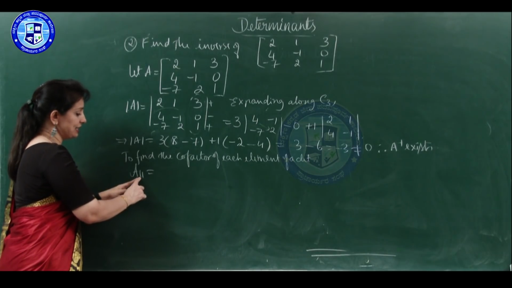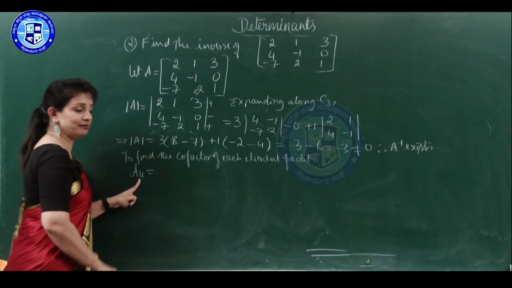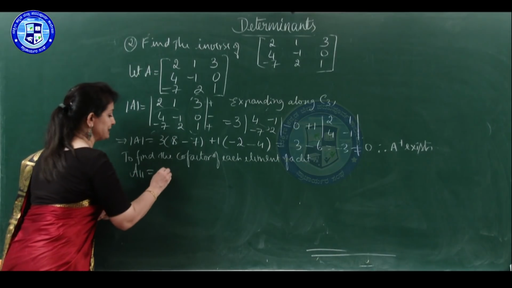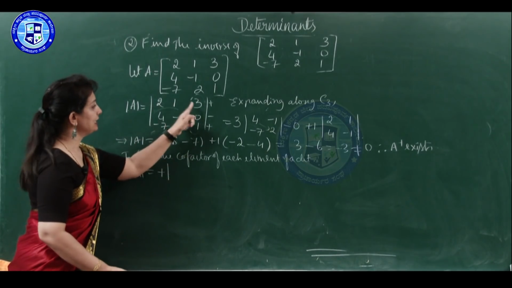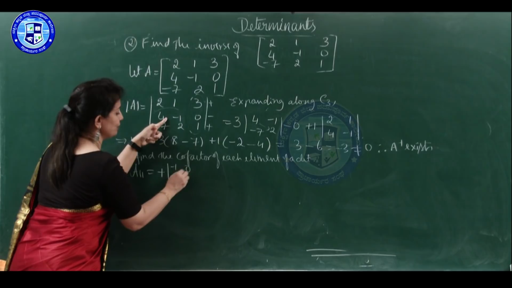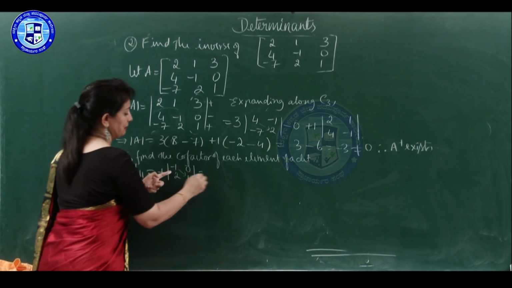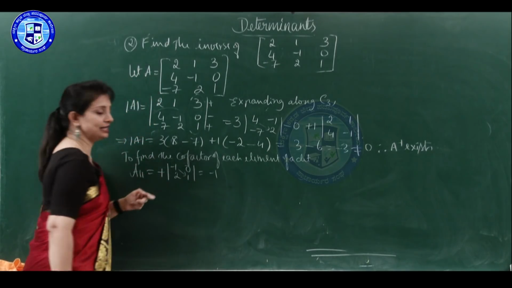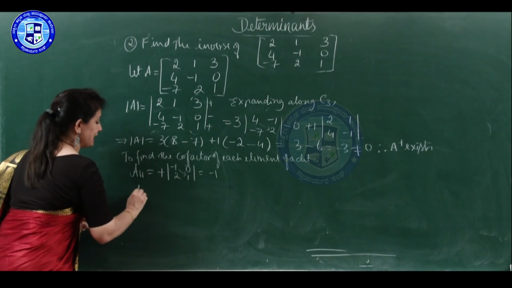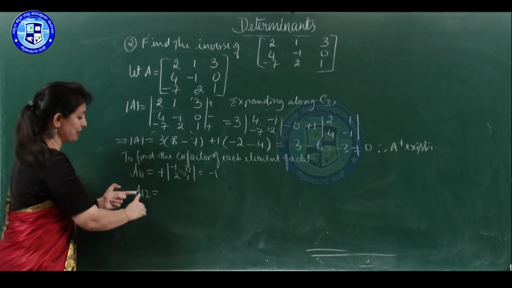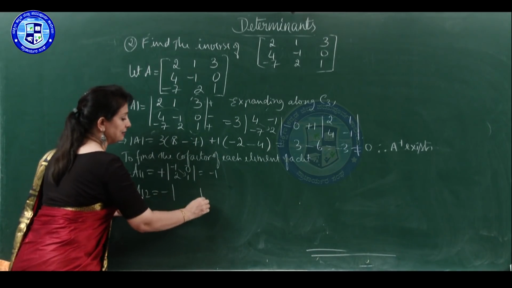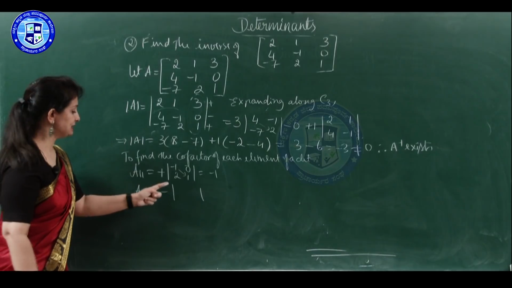Add the suffix here, the numbers 1 and 1, 1 plus 1 is 2, which is even, so plus sign. Determinant of, delete first row and first column, minus 1, 0, 2, 1, which will be cross multiply minus 1 minus 0 is minus 1. Now next A12, 1 plus 2 is 3, an odd number, so minus.